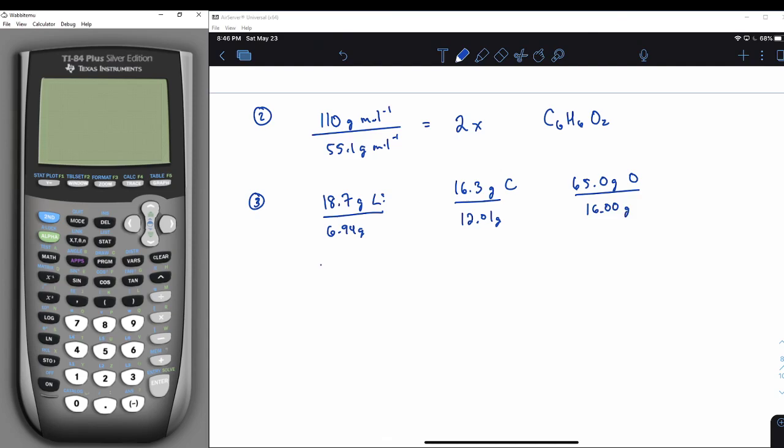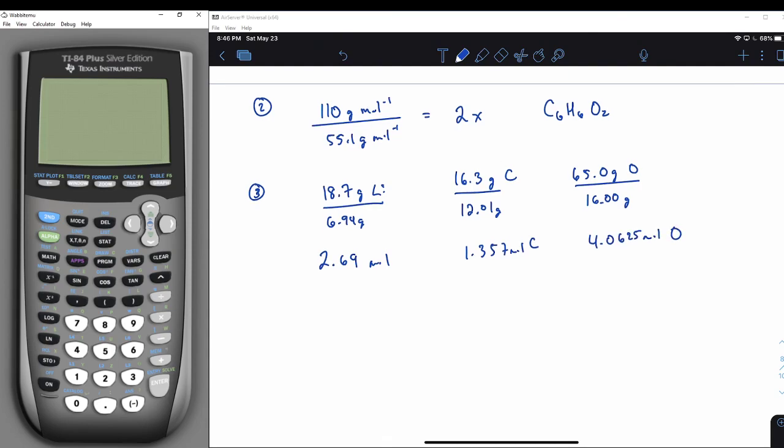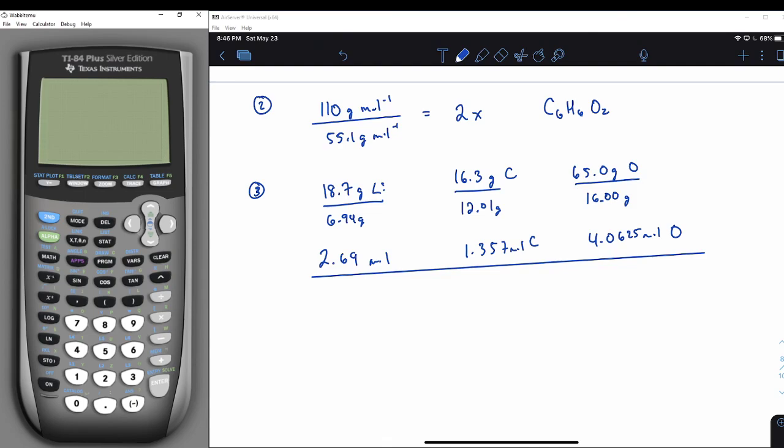And we end up getting 2.69 moles of lithium, 1.357 moles of carbon, and 4.0625 moles of oxygen. You divide them all by 1.357, and you get 2, 1, and 3. So your overall empirical formula here is Li2CO3.